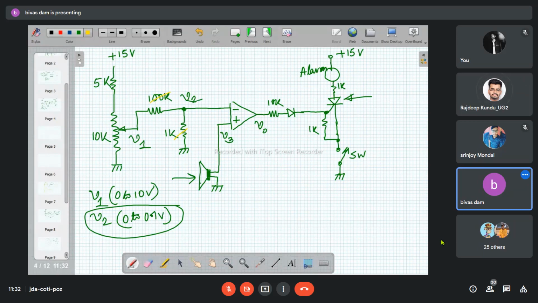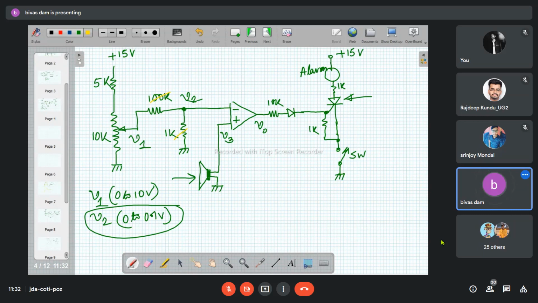After that, once again V3 will correspond to the atmospheric, acoustic noise level, so V0 is expected to be minus Vsat. But it doesn't matter. Once the SCR is on, that will remain on. So the alarm will continuously go on giving you a visual or audio indication till your switch SW remains on.